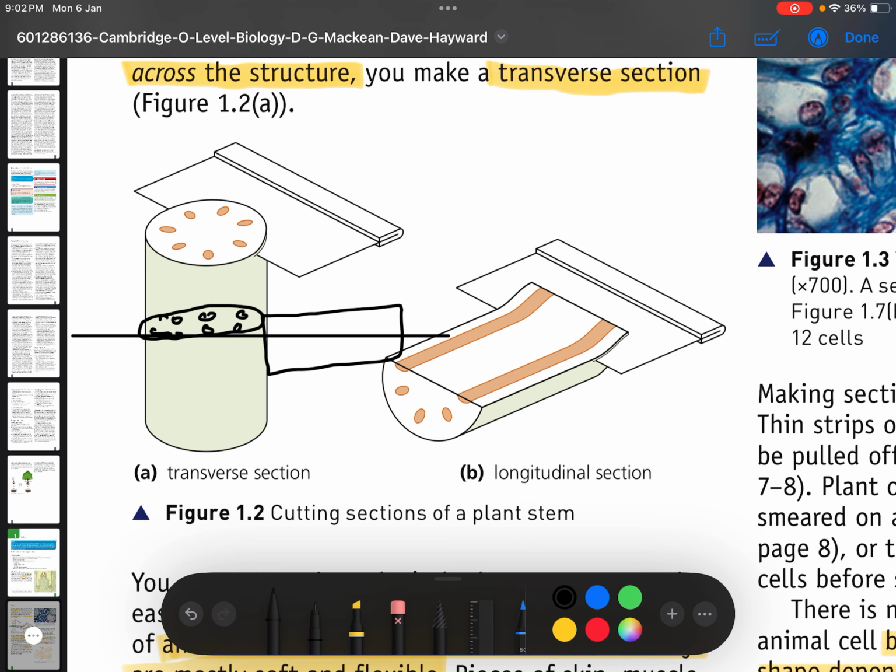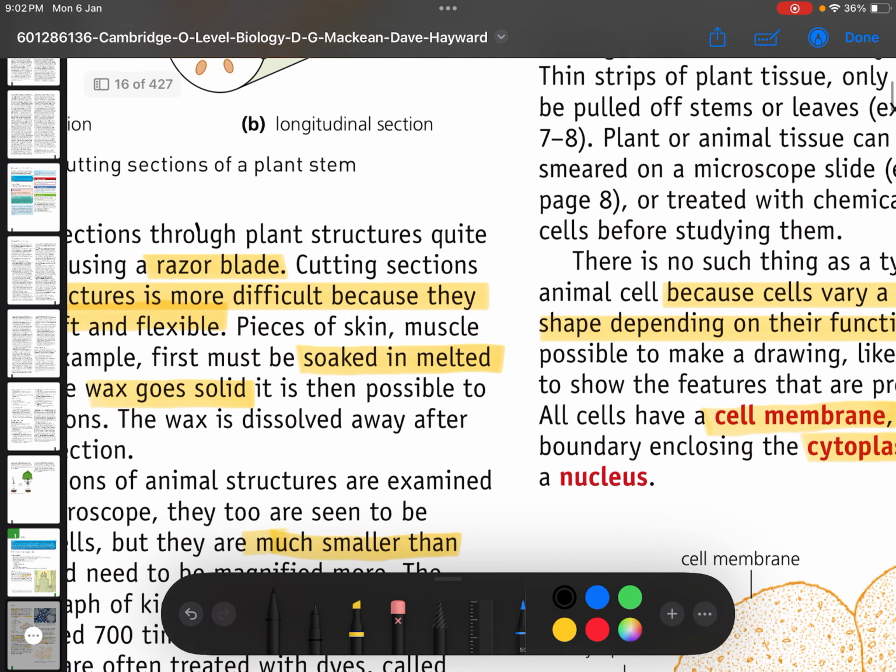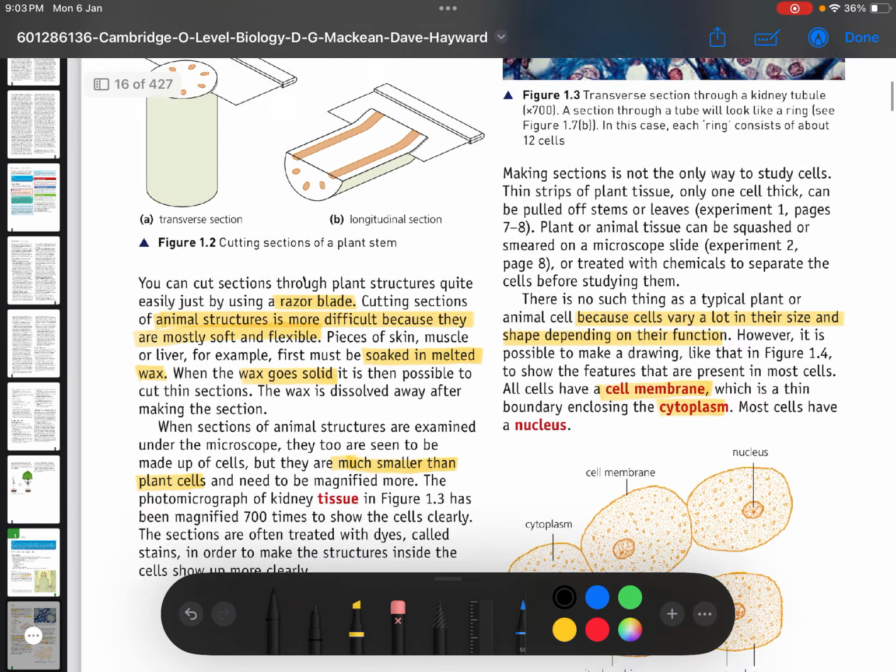Whereas if I take a section of this, I'll be getting the lengths, right? So we also need to keep in mind which direction the specimen is faced in. It's not necessary all the contents in the specimen are facing in the same direction, so you can get different views and different angles of that, right?